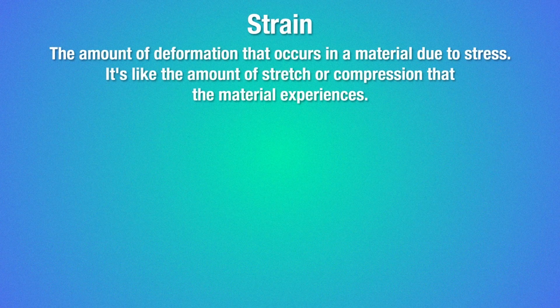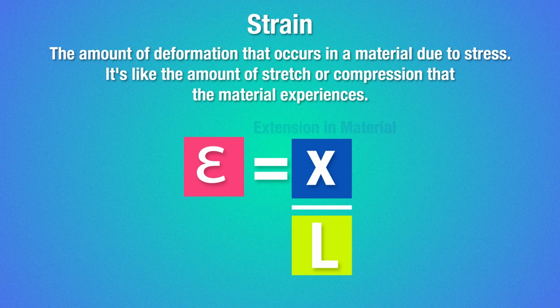Now, strain, on the other hand, is the amount of deformation on a material due to stress. You can think of it as the amount of stretch or compression that the material is experiencing. So for your bed, the strain on it would be the ratio of the length by which the bed compressed when compared to the bed's overall natural length. And we can take simpler examples too, like the stretching of a rubber band or the compression of a spring.